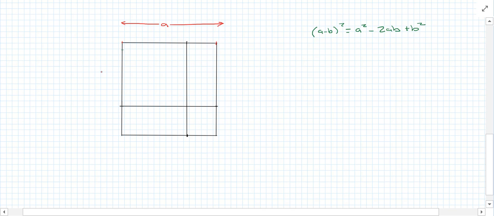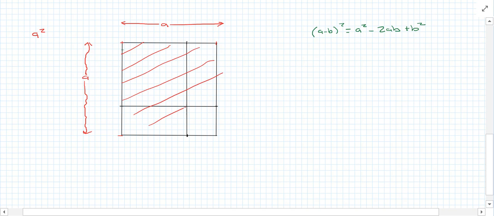Likewise, from this point up here right down to the end is also a. So this whole square, a squared, is the whole shape.